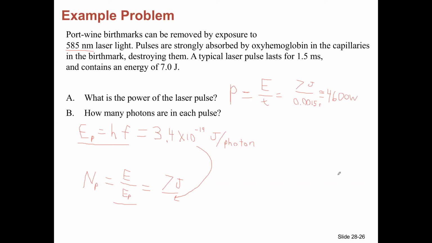It's worth thinking about how you check your answers and know whether you're in the right ballpark or not. If you have a bright light source like this, you are going to have a lot of photons. Remember, a photon is the amount of light that's really being given off by one electron transitioning between an energy level or two.